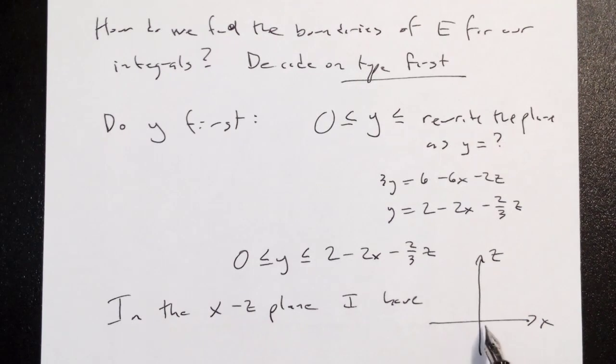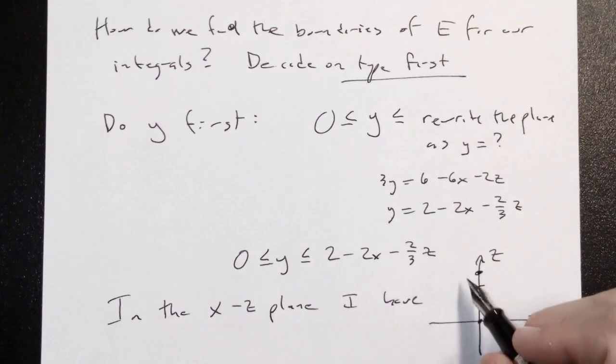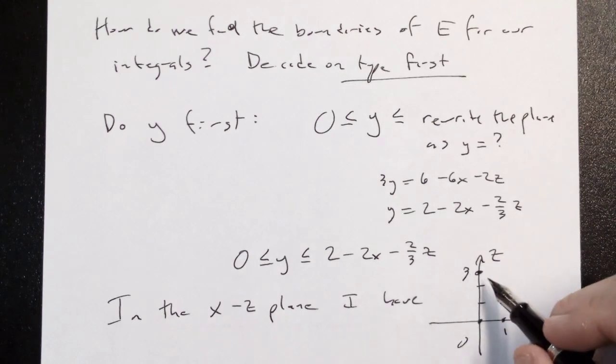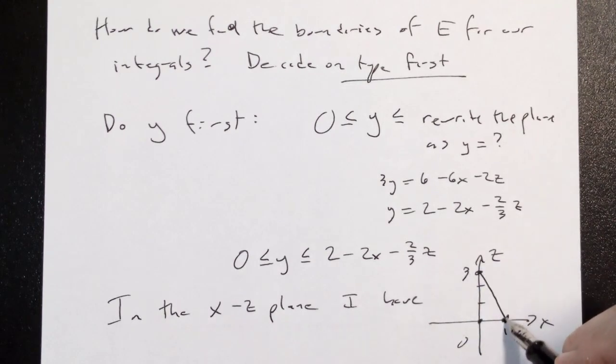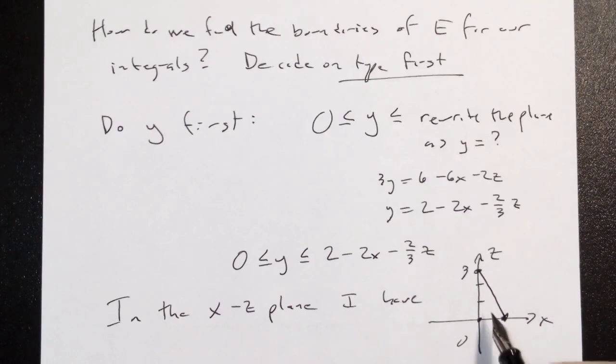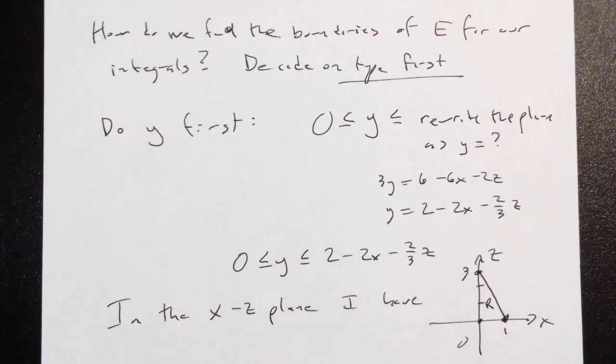I know the triangle has one corner at 0, one corner at 1 when x is equal to 1, and a corner when x is equal to 3. This is our region. And now you have a choice. Do you want to do this dx dz or dz dx?